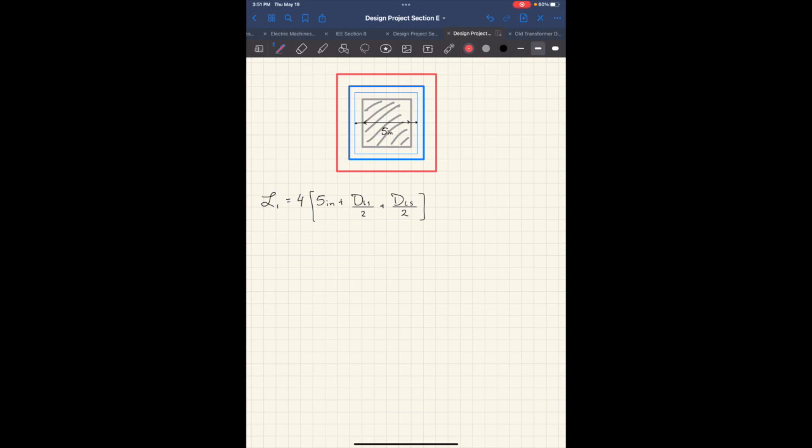Okay? So, assume it's the same conductor, which it is the same conductor. I just drew it a different color so you can see it better. So we're going to now calculate the length of 2 layers. Okay, so first of all, the length of 2 layers is first we need to do the length of the first layer, which we have already.